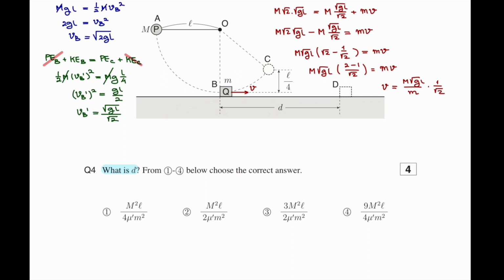This is our v. This is the speed of object Q right after it collides with object P.